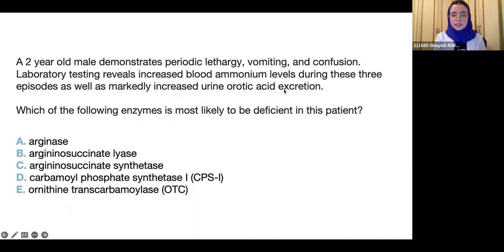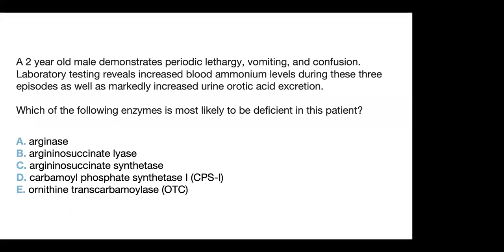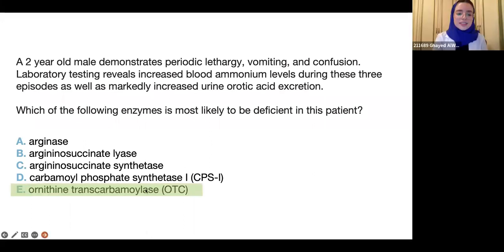Increased orotic acid. It's E. Perfect, it's E. So this is a question that could definitely come. As soon as you see increased orotic acid, then it's 100% ornithine transcarbamylase. Okay, good job, guys.